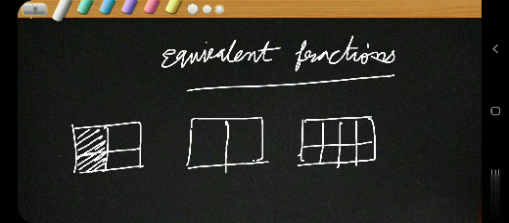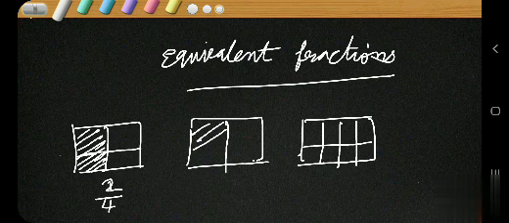Can you say what is the fraction corresponding to the shaded portion? How many out of 4 are shaded? 2 are shaded. So the fraction is 2 by 4, isn't it?